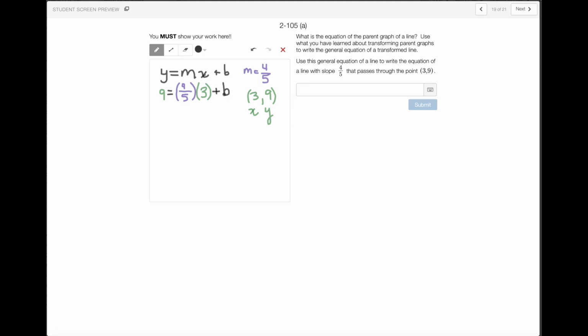So do the calculations, use your calculator, use the space to do your work so that at the end you can figure out what b is equal to. So you have y equal, you're going to plug in your m, which is already given to you, and x plus, you're going to plug in your b. Whatever you end up with, you're going to plug it in here. And you're going to type that equation into the space provided and click on submit.